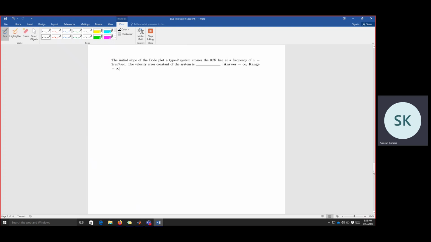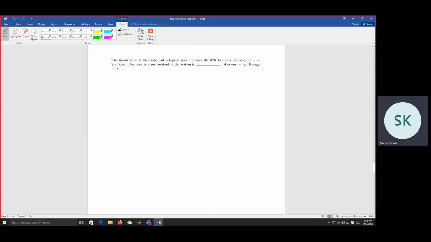Then we saw the stability margins, phase margin and gain margin, and solved for the value of gain for which stability is guaranteed. We also went through the Nyquist criterion, that the number of encirclements should be equal to the right half plane poles of the system minus the right half plane zeros of the closed loop system.